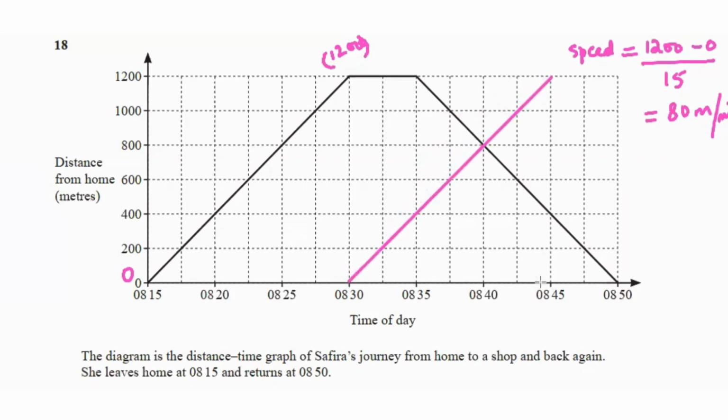This is going to be the graph of the brother's journey. He's walking at the same speed and covering the same distance. Obviously, he's covering the same time, so it takes him 15 minutes to cover the same distance.